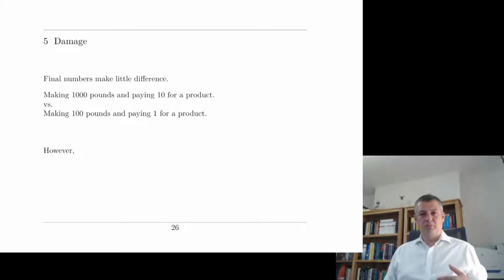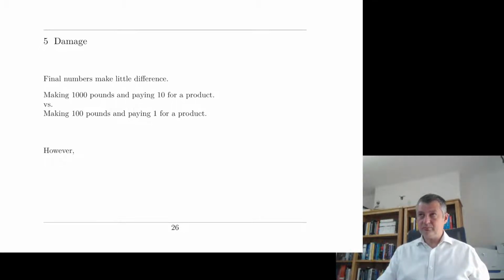If you give me a pay increase to £1,000 a month, but the price of my sandwich goes up to £10, well, then I can still exchange my salary for the same number of sandwiches. I've not gotten any richer, nor have I gotten any poorer. So the actual numbers aren't that important.